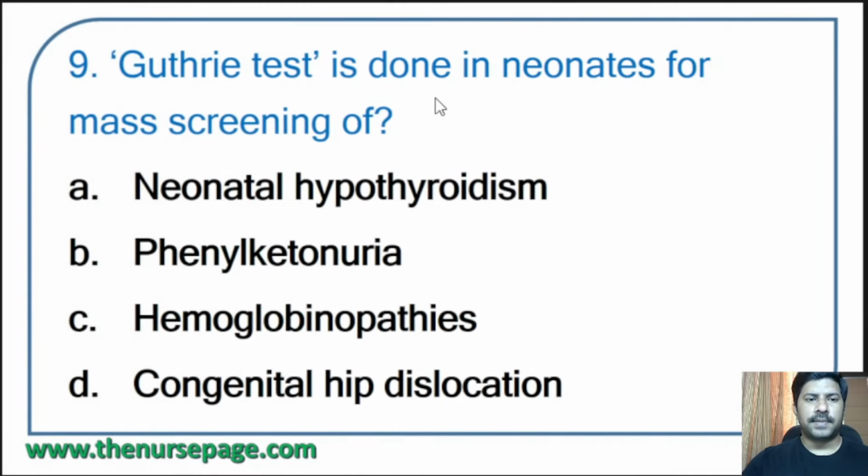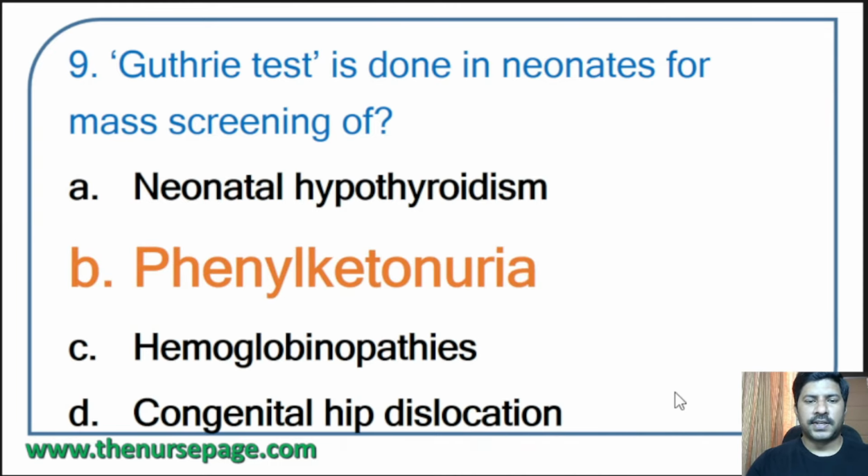So next question. Guthrie test is done in neonates for mass screening of neonatal hypothyroidism, phenylketonuria, hemoglobinopathies, congenital hip dislocations. Correct answer is phenylketonuria. Guthrie test is done in neonates for mass screening of phenylketonuria.